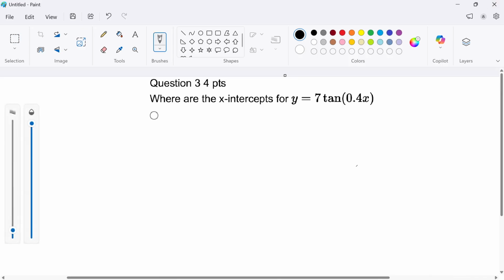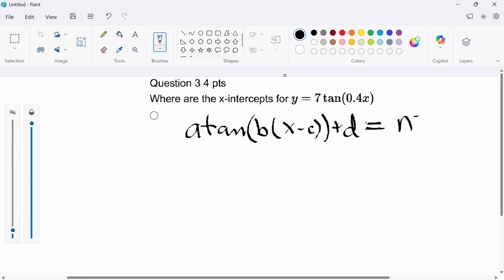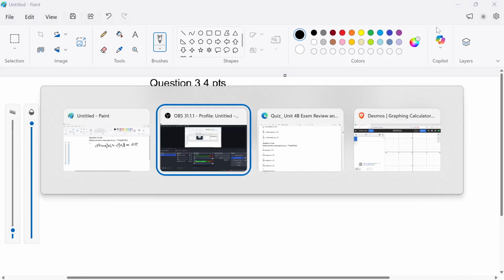Remember again, in general, it's going to be a tangent of b times x minus c plus d, and you set that equal to n pi. So the x-intercepts are n pi, and I'll prove that.